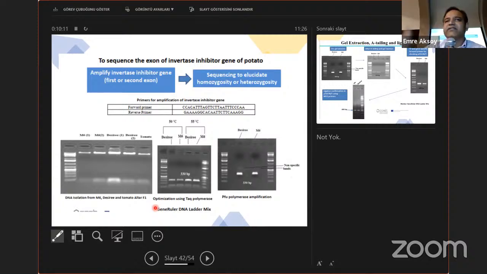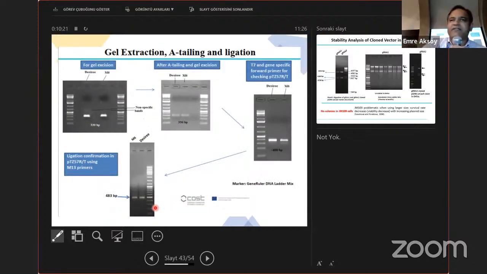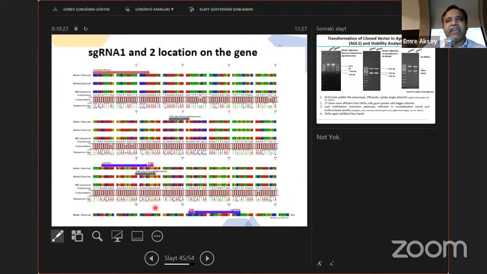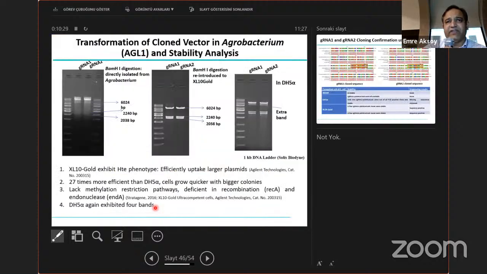So once the sequence was confirmed, we designed guide RNAs, and we cloned them in our target vector, with all the normal cloning procedures. The point I just want to make is that we confirmed sequences. Then finally the expression vectors were transferred to Agrobacterium.